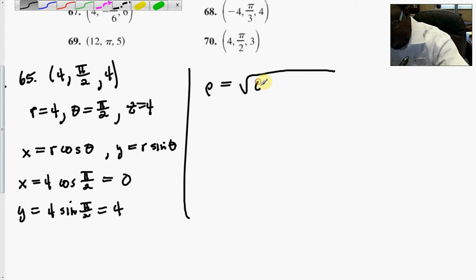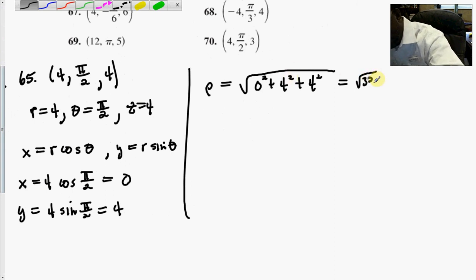So that's 0 squared plus 4 squared plus 4 squared. So here we get 16 plus 16, 32, the square root of 32, and that's 4 times the square root of 2.